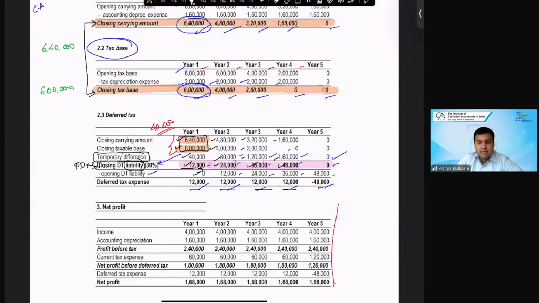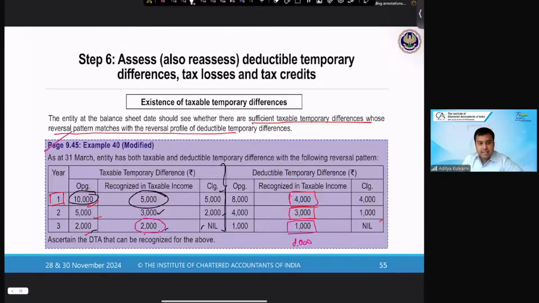Did you understand this? Yes, sir. So on similar lines, in this case, from the opening difference, the reversal in the first year is 5,000, in the second year 3,000, and in the third year 2,000. Is it okay? Yes, sir. This is going to give rise to a DTL.